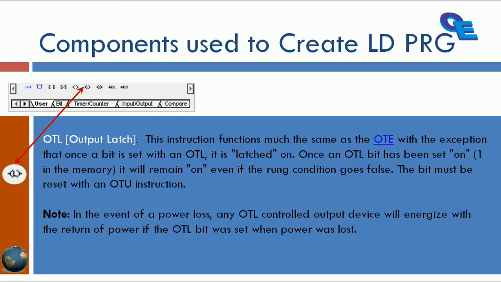Note or warning you can take: in the event of a power loss, any OTL controlled output device will be energized with the return of power if the OTL bit was set when the power was lost. Before losing power, if the OTL bit is set, after returning the power also it will remain in the on condition.